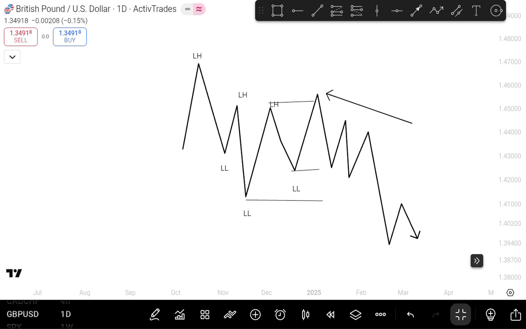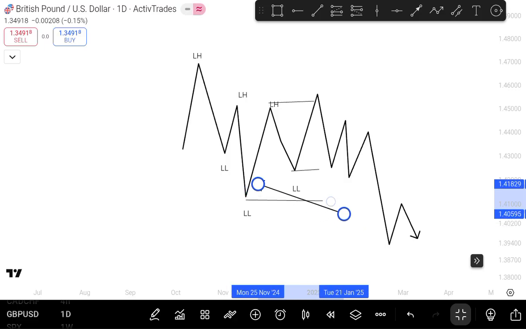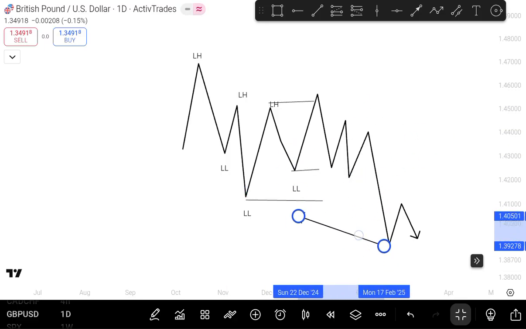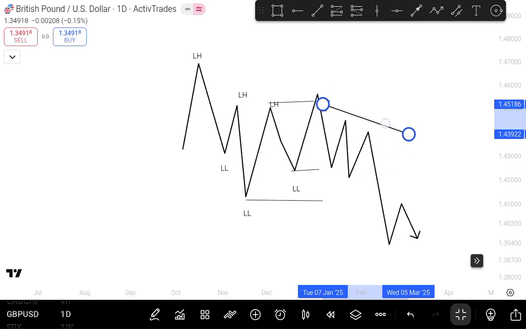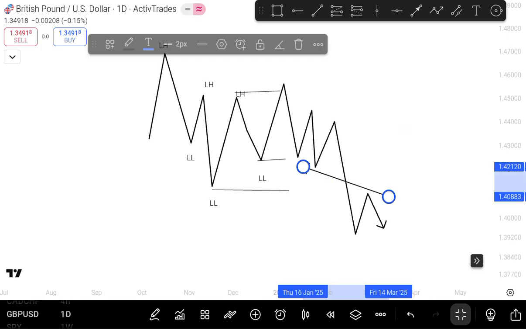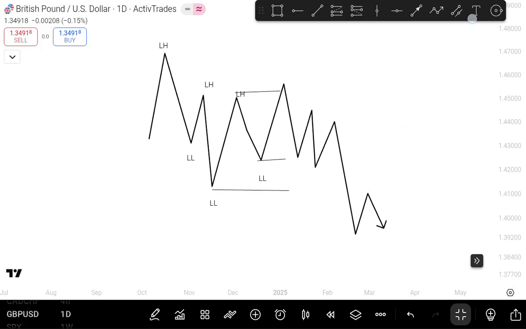I have the lower highs and lower lows. When it comes to this side, it failed to sweep this particular lower low, and instead it moved up. After moving up, it continued with its lower highs and lower lows.